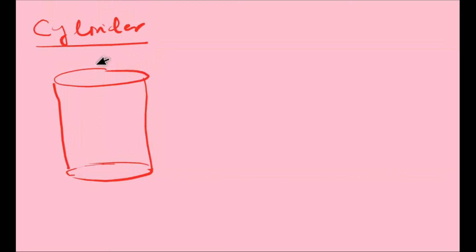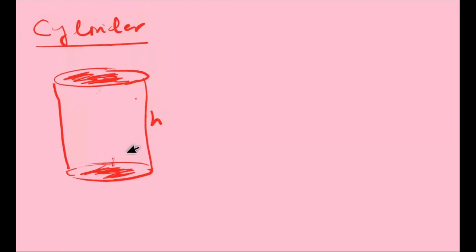So student, using this cylinder we can see here the base is circle, top is circle, and this one is the height. Now we can say this is the curved face and 2 circular faces. There are total 3 faces, and there is no vertex since there is no corner, and there is 1 and 1, only 2 edges.